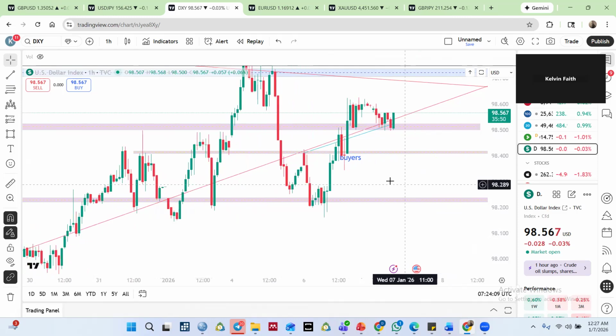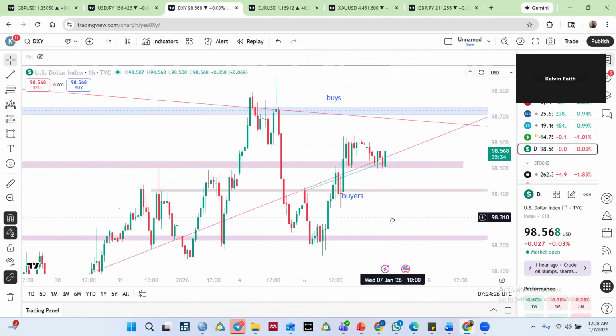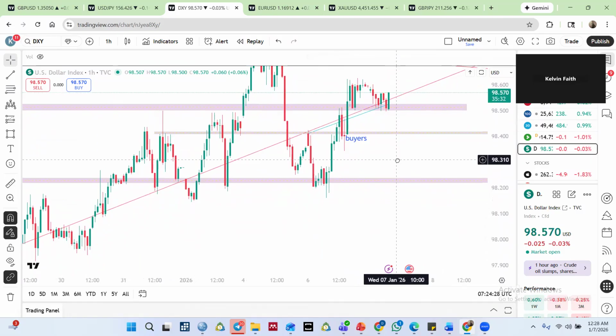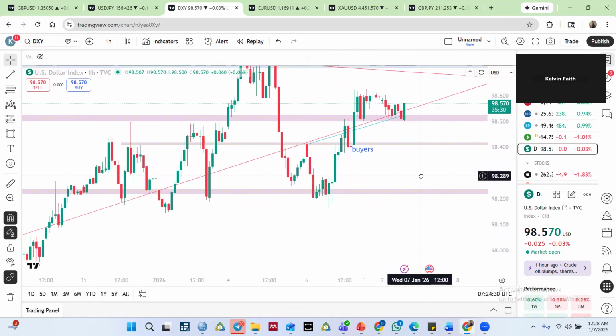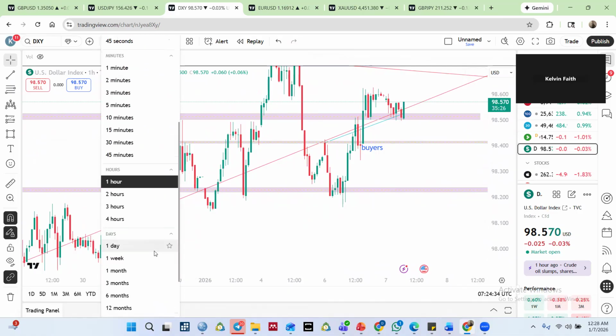Okay, so for now, it still doesn't look like the DXY is going to be dropping based on the 4 hour time frame, and it looks like London session is preparing to kick in. But we don't have much information right now as to how things are going to happen.